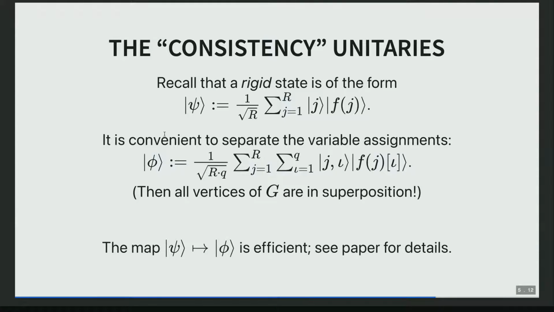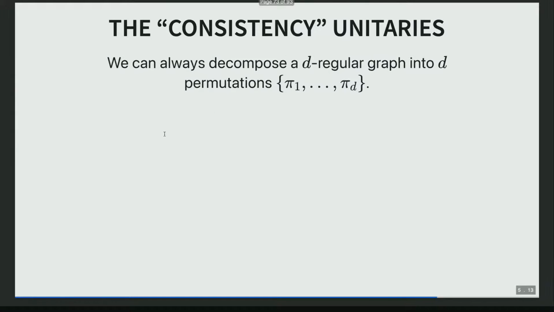And I'll just say one thing, this map from psi to phi, we can actually do this. It's a little bit tricky, but I'm happy to talk more about it offline. So suppose now we have this phi, uniform over the superposition, uniform over the vertices of the graph with some variable assignment according to that value. What we're going to do is decompose this graph into permutations.